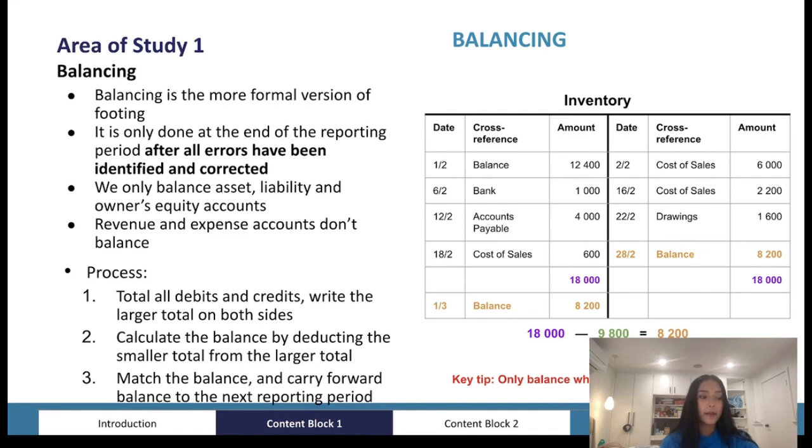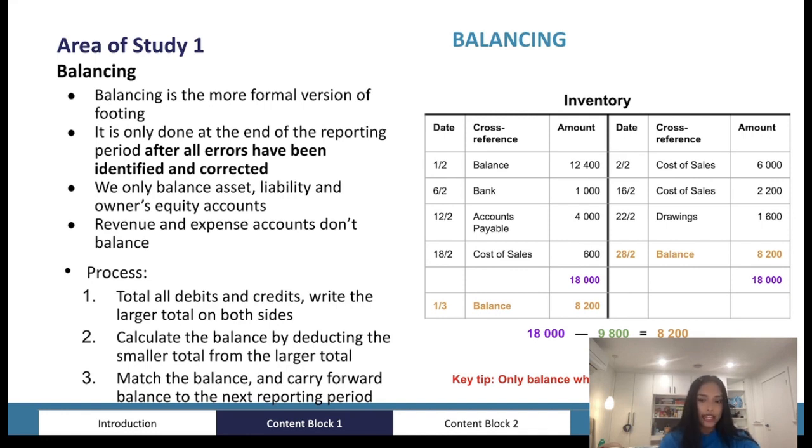There's a 3-step process to balancing. Number 1, we total all debits and credits. Whatever the larger total is, we write it on both sides. Then we calculate the balance of the account by subtracting the smaller total from the larger total, and then we add the balance in as an entry and match the balance to carry it forward to the next reporting period.